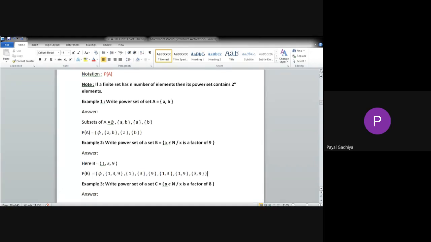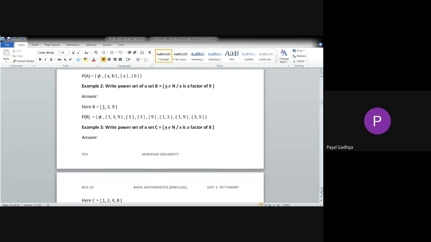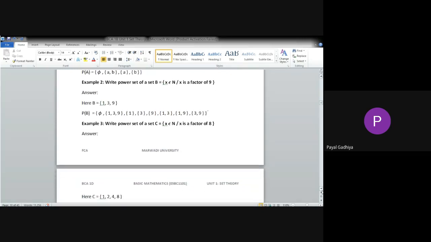So let me show you on the screen. See, this is the set C: 1, 2, 4, 8. Now you have to make a power set of this set. To make a power set, we have to find out the subsets of this set. And how many subsets can we get for this particular set? 2 to the power 4.